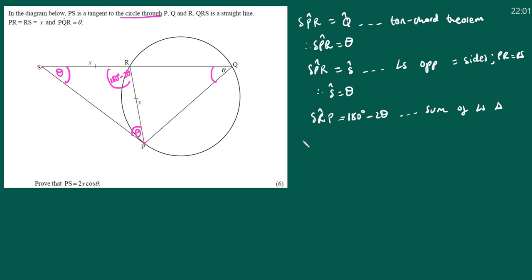Right. So when we use the cosine rule, we can say we have PS squared being equal to, remember, RS squared plus RP, which is this one, squared, minus 2 times RS times RP. Very important to put the 2 there, and then cos of the angle opposite to PS, which should be SRP.